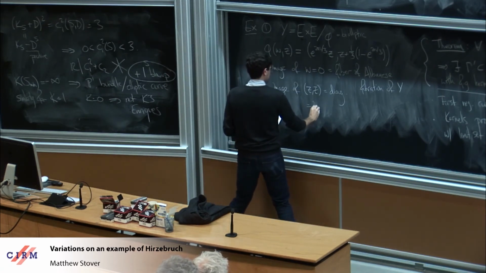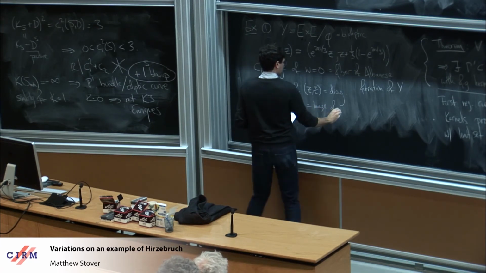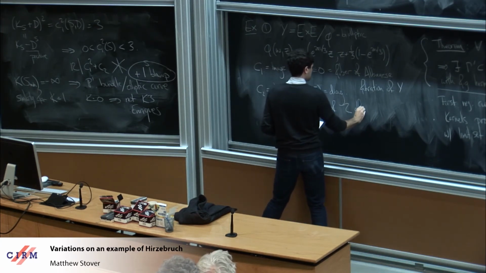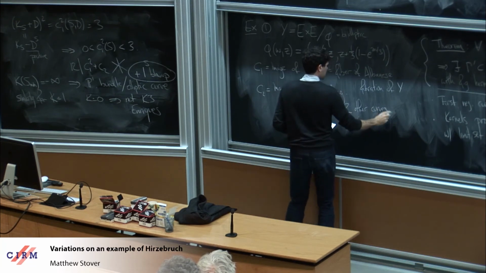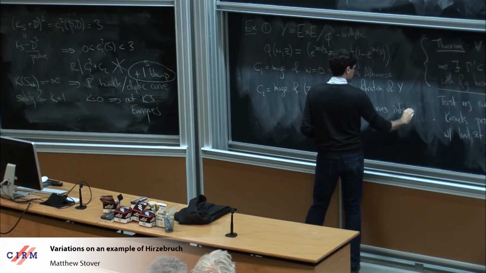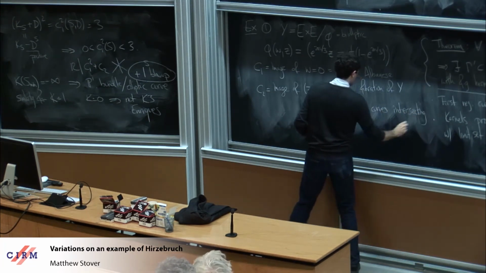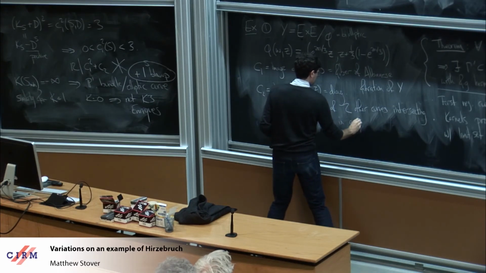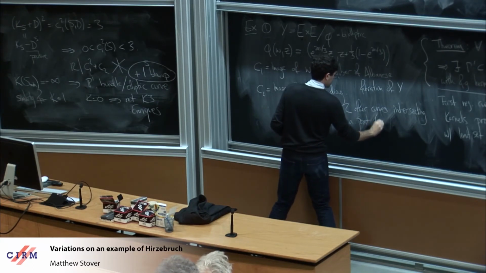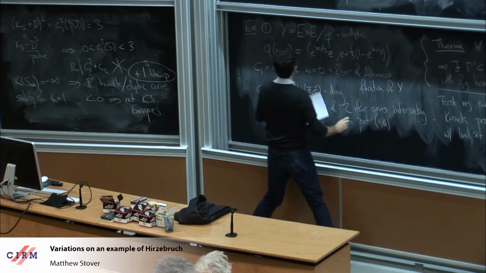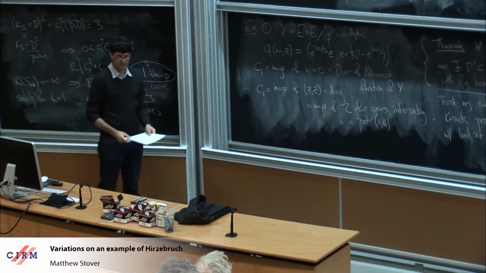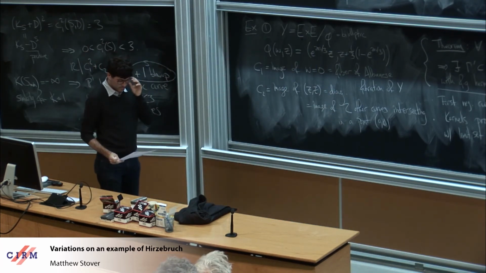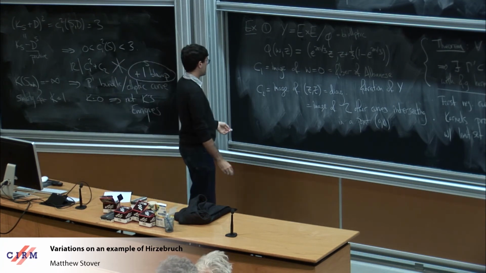So it's also the image of two other curves intersecting in a point, which I'll call 0, 0 because it's the image of 0, 0 up in this abelian surface. So this is singular.